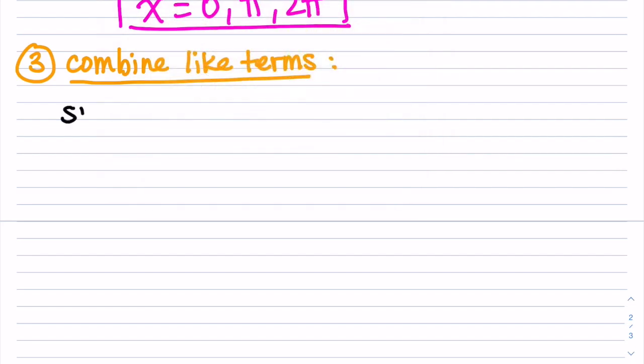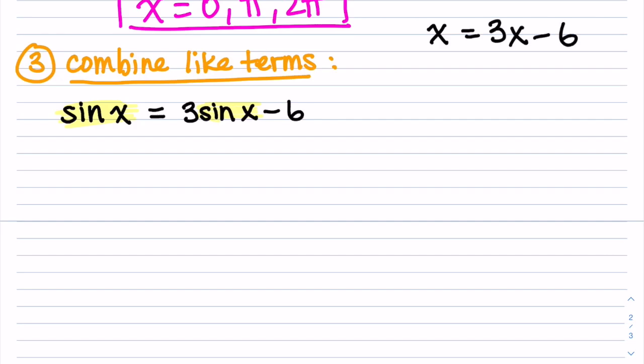So let's say sine x is equal to 3 sine x minus 6. Now notice that in this case, there's a sine x on both sides, right? But if you thought about it like solving an equation from algebra, these two are the same family, so we can bring them together.